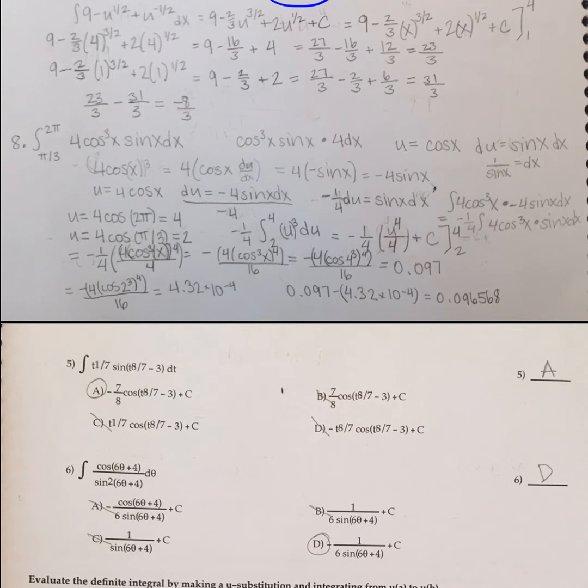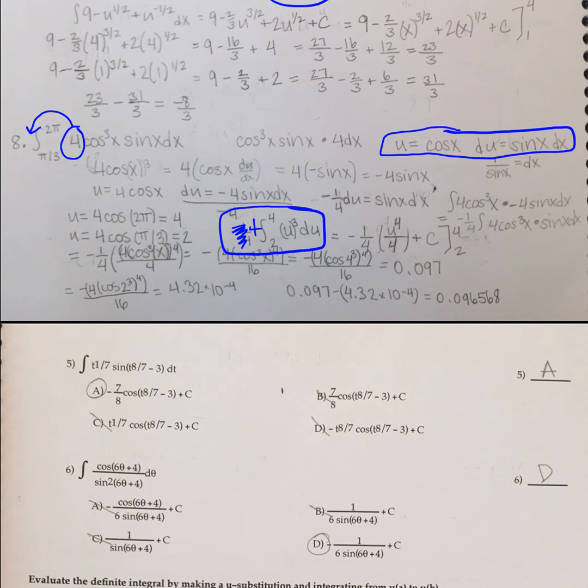Okay, for number 8, you have the right idea here with cosine being u. This 4 can just come out front. So right here, when we're integrating, that should just be the 4.